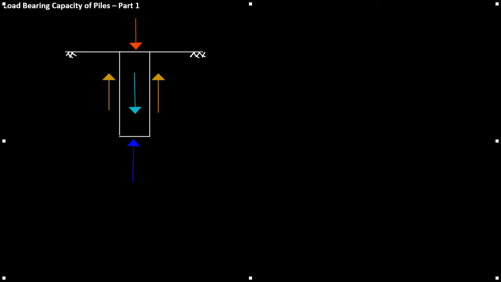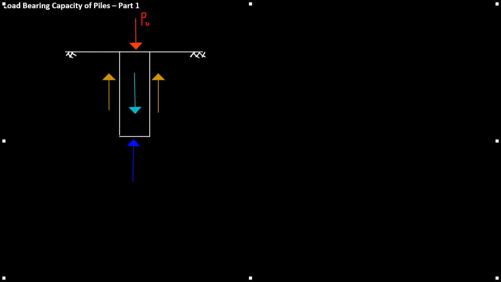The total resistance a pile provides can be split into a few components. So let's just give ourselves a little pile here in the ground. If we have the ultimate load capacity of the pile acting down here, we call this PU.